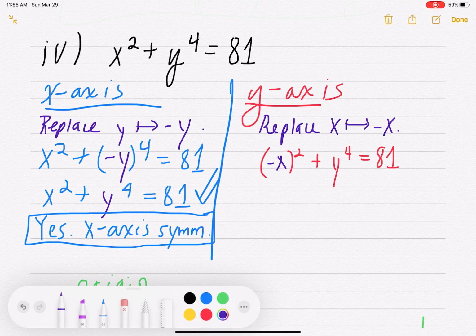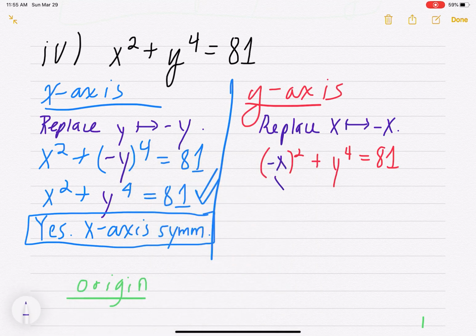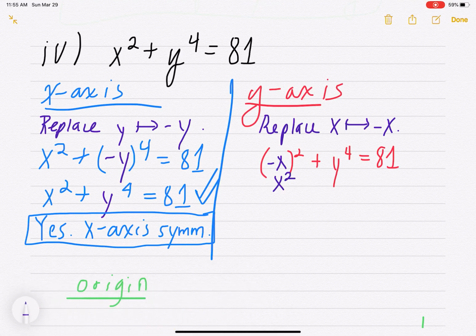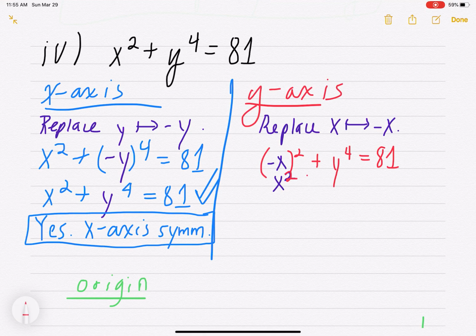And now we want to simplify. What happens? The square is going to kill off, since it's an even power, the negative in parentheses. We're just going to have a purple x, and then that's going to be squared. Should be a red square, right? Plus y to the fourth equals 81. Hey, that's the same as the original, right? So you have a yes to this type of symmetry. Yes, y-axis symmetry.